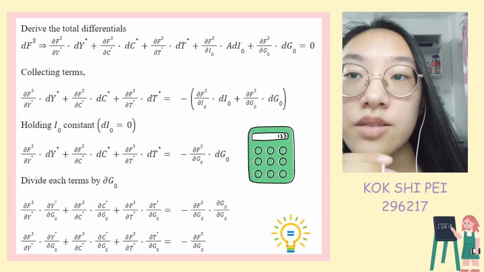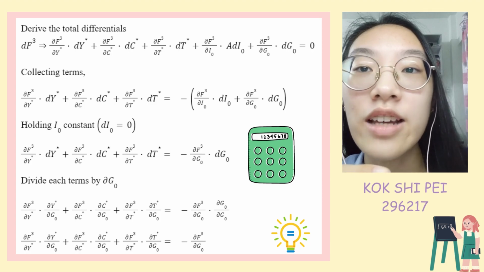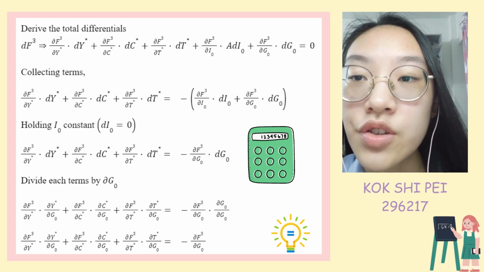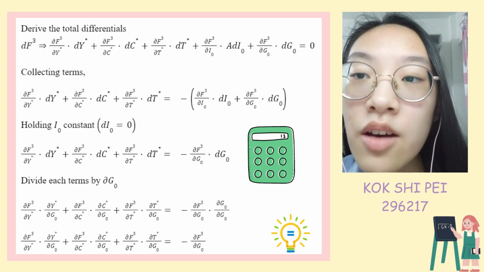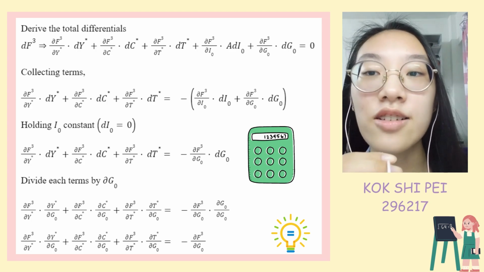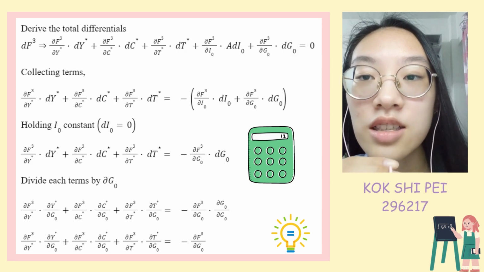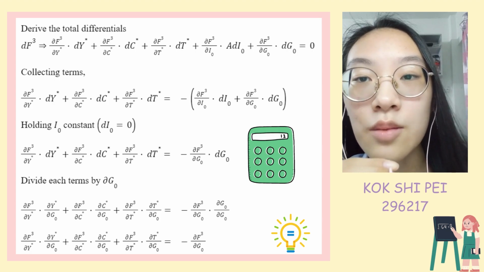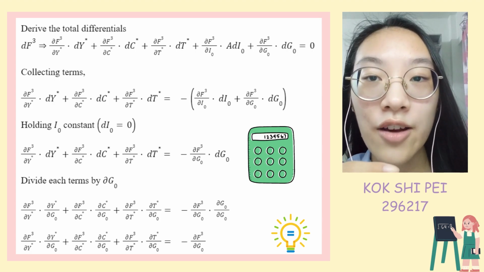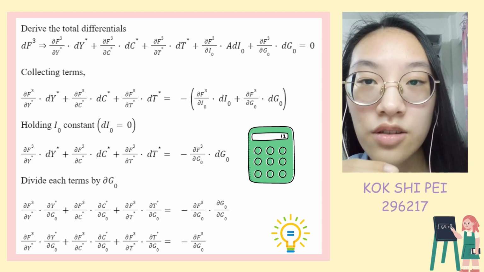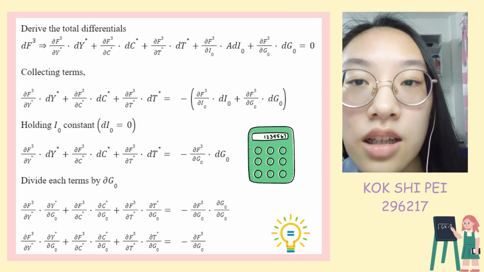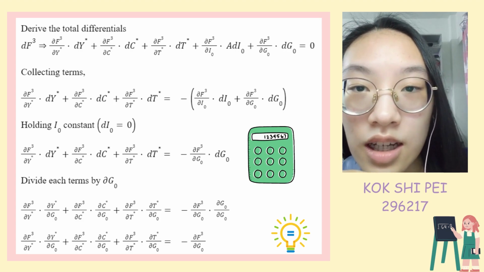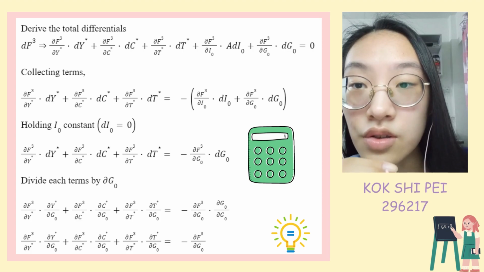For the third, to find the partial derivative of t with respect to g0, we derive the total differential df³ equals ∂f³/∂y stars times dy stars plus ∂f³/∂c stars times dc stars plus ∂f³/∂t star times dt stars plus ∂f³/∂I0 times dI0 plus ∂f³/∂g0 times dg0 equals 0.